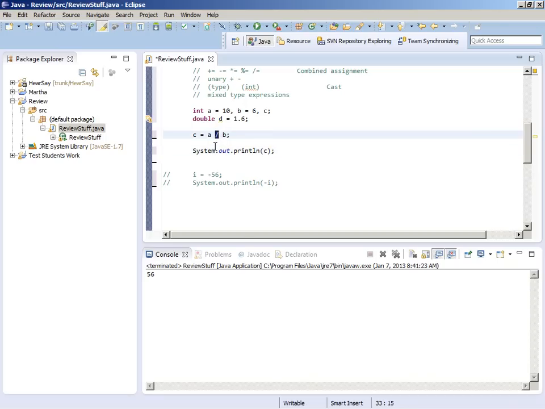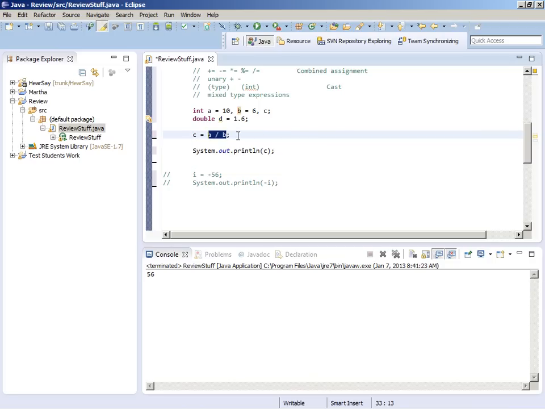So the data type of this division is int because we have A divided by B. The result of this expression must be that data type. The assignment has a data type, and it's the data type of the value going across the assignment. So whatever this evaluates to, that data type is the data type of the assignment.